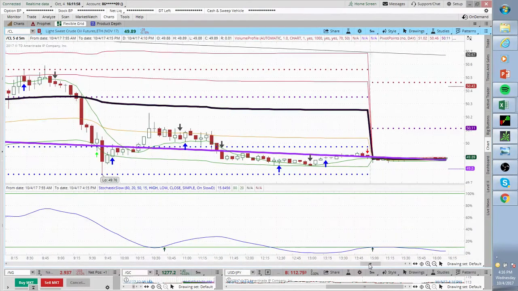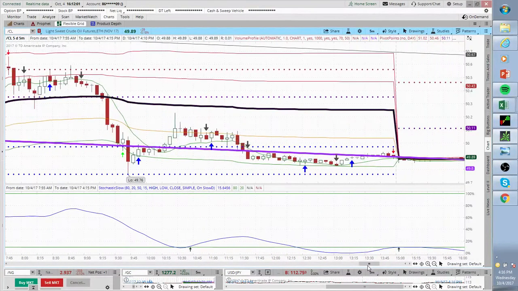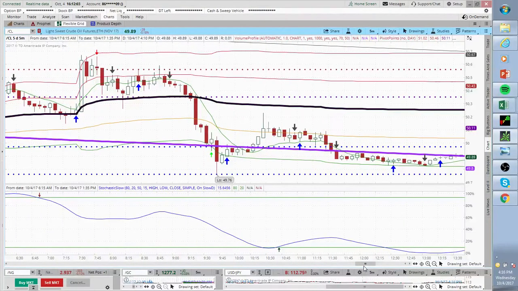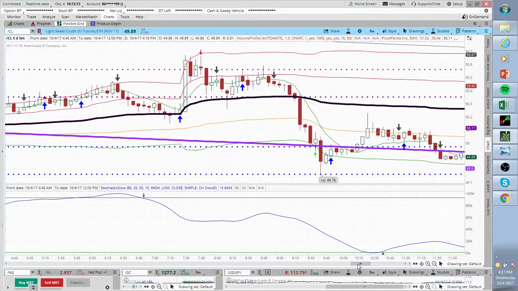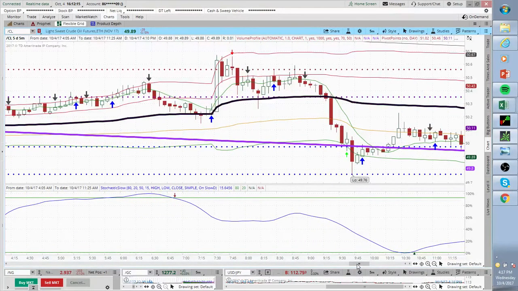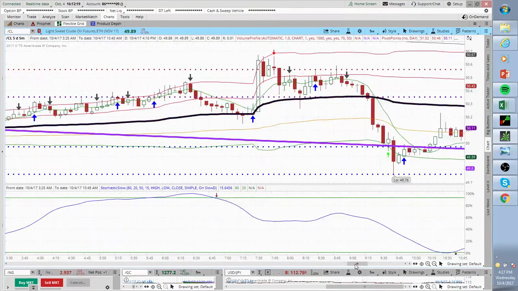And if you want to free ball it, you're welcome to do it, but you don't need to. The other thing that I do, and part of it's because of where I live, the other part is that there's too many reversals, is that I don't really like to trade before a futures market is really open. Now some people do, and that's fine, and you can make money at it.